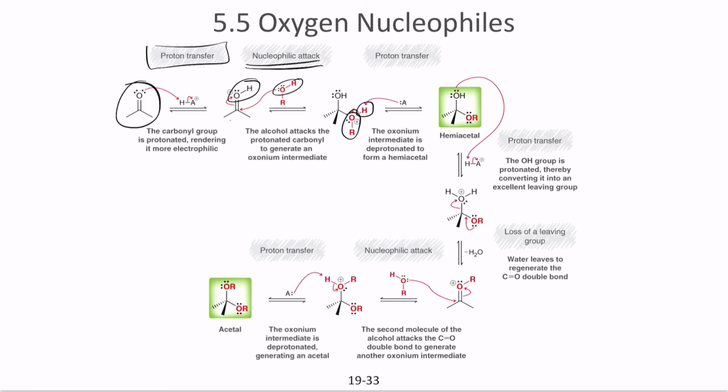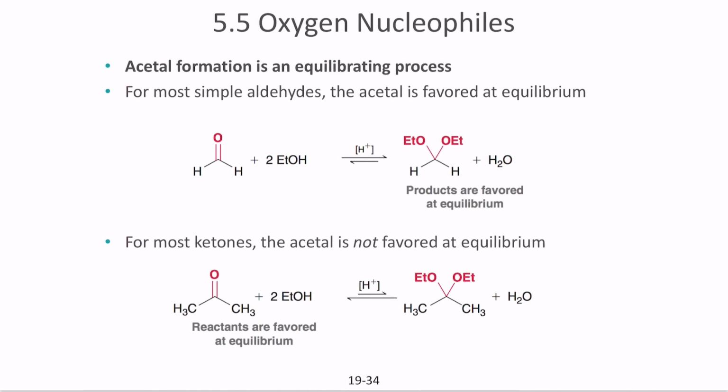Next, the OH group attacks another acid, the water leaves, creating a double bond to OR, and finally it gets attacked again to form a double OR group, an acetal group. You don't need to remember the exact mechanism, just know that this is the reaction in which the acetal forms.